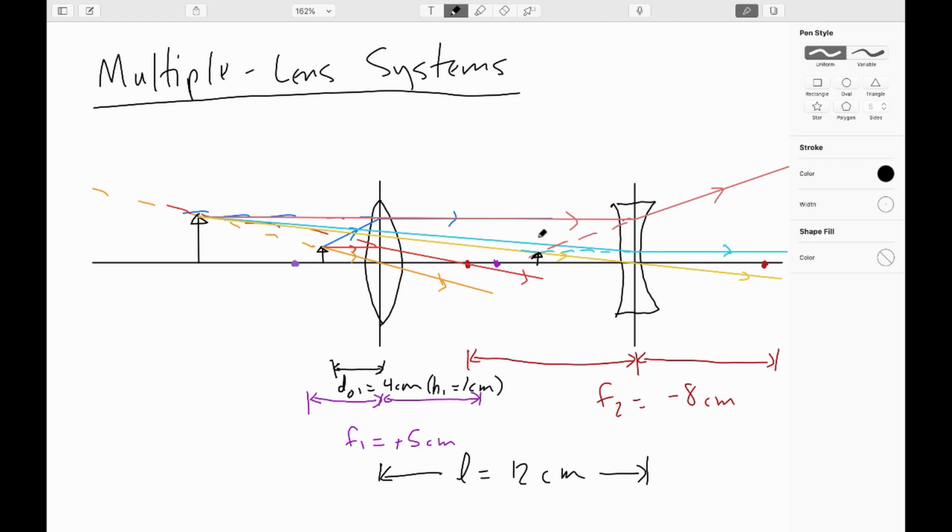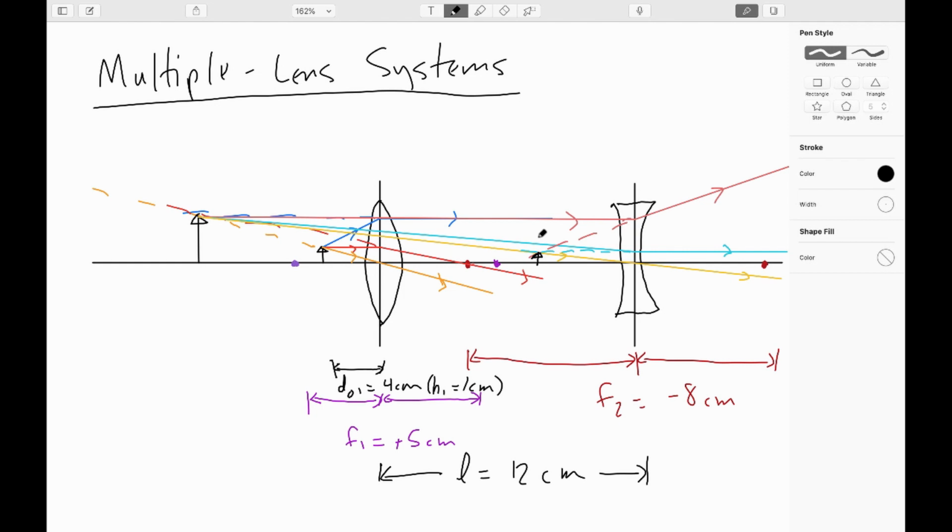We'll have to do the math to know for sure. But it's virtual, upright, and minified. So a virtual image can be used as the object for the next lens. That's not a problem. And we could have even made a real image of an object that was itself a virtual image from something else. That's not a problem either.